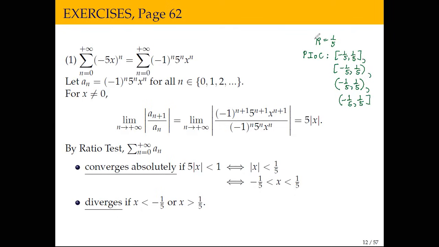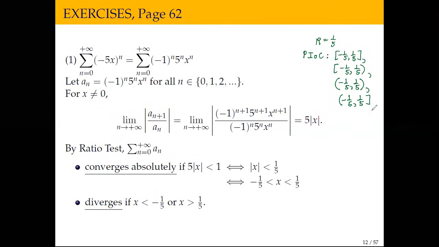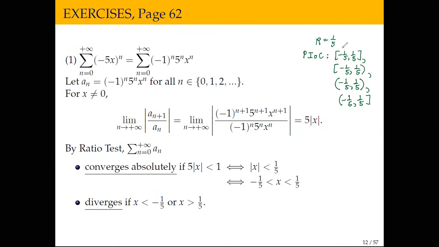So these are the information that we can deduce so far. We have here the radius of convergence and the possible interval of convergence.